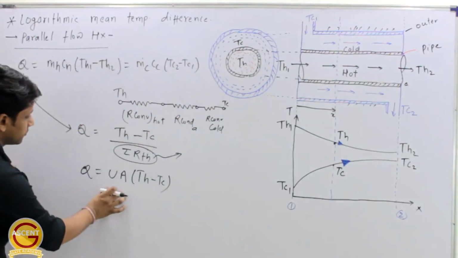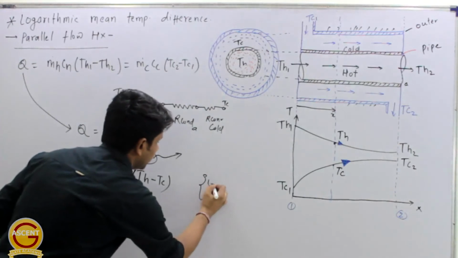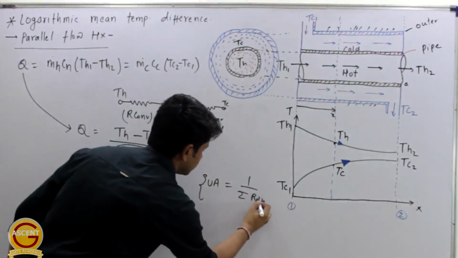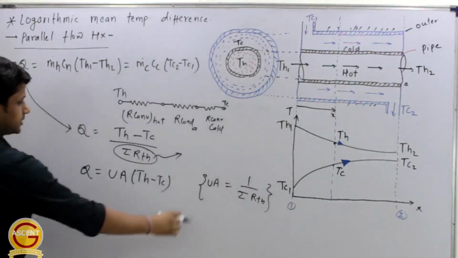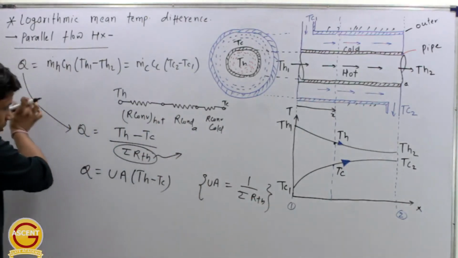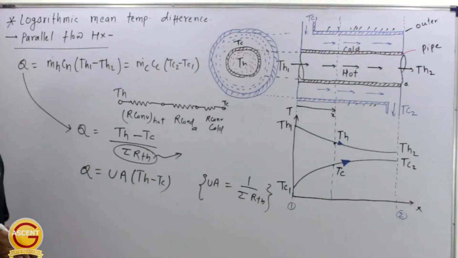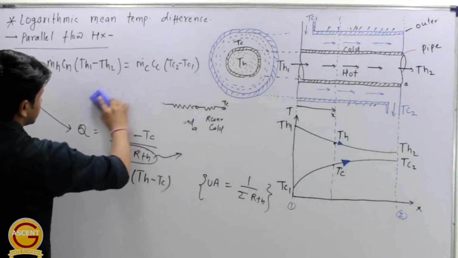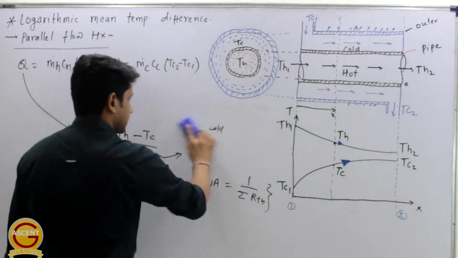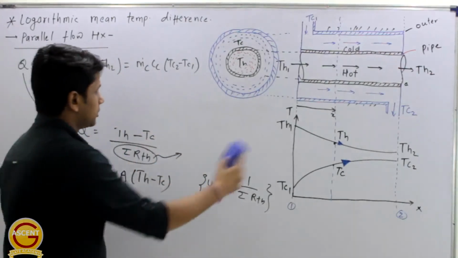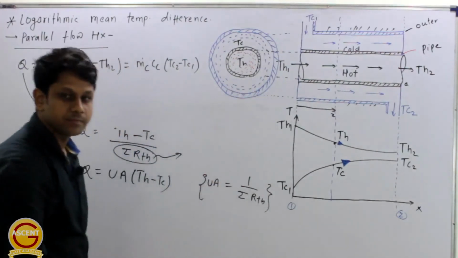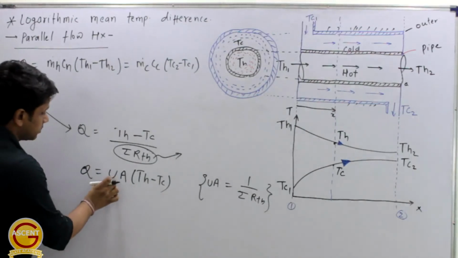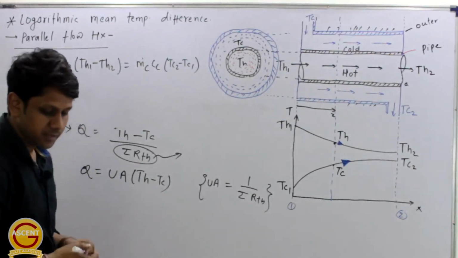And we know this equation of overall heat transfer coefficient: UA will be equal to 1 by the summation of RTH. That means it is considering the effects of all the thermal resistances. So in the heat exchanger topic, forget about thermal resistances and the thermal circuit, and don't bother about the thickness of the cylinder or how the fluid is getting heat transferred. Just take the overall heat transfer coefficient.